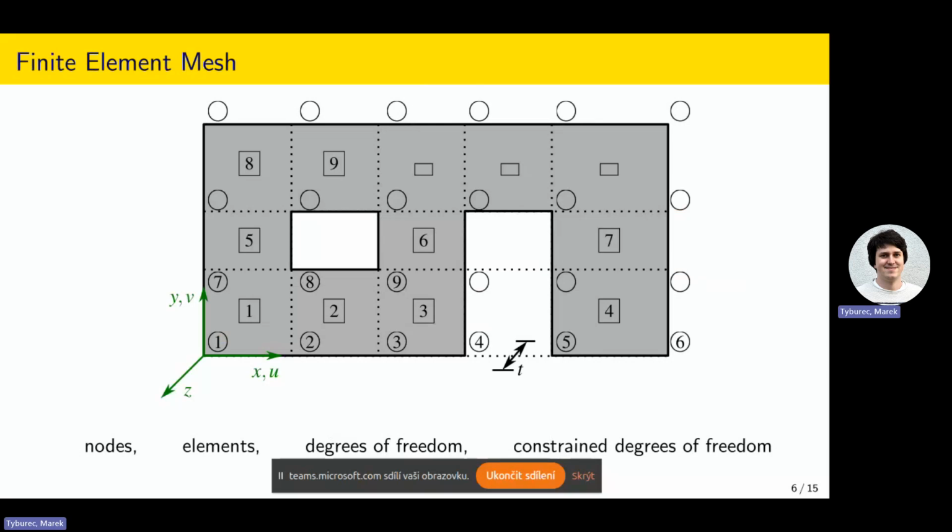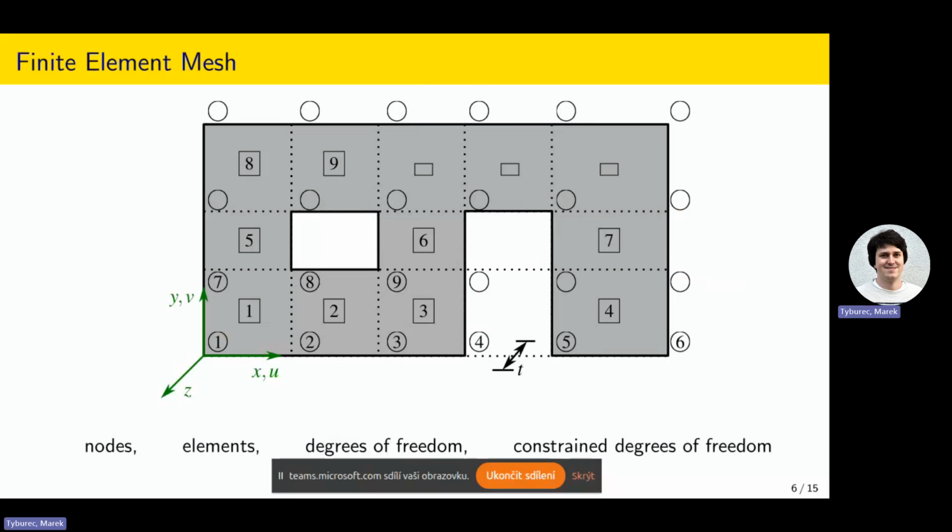And somehow we will step aside now slightly and talk about finite elements and how to use these formulas for deriving finite elements for plane sets. So I guess you already have some experience with finite elements.